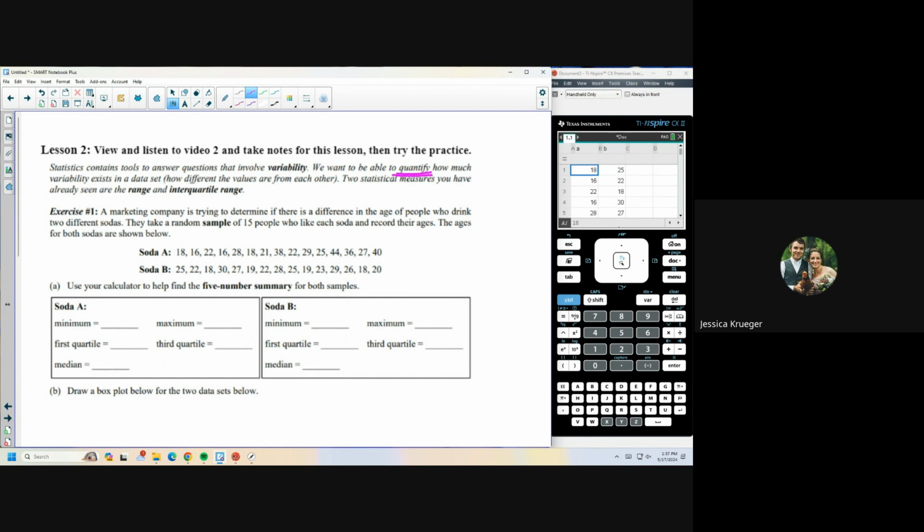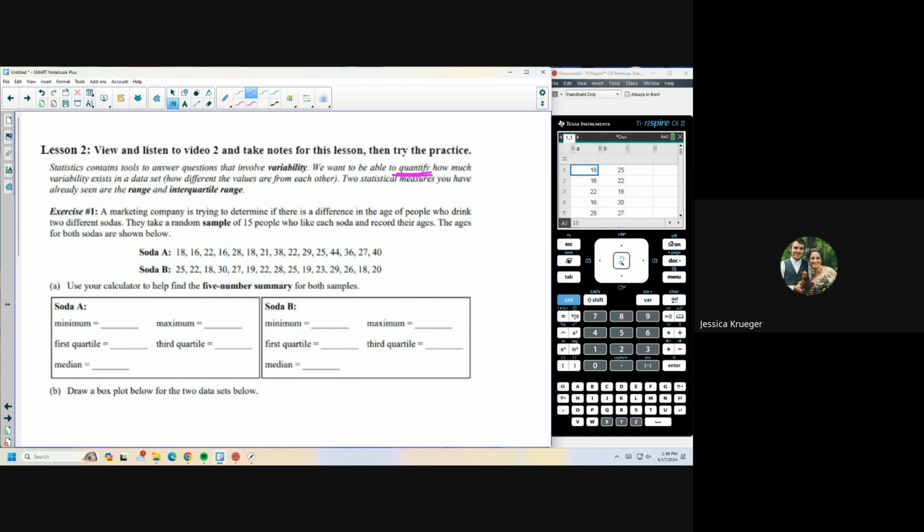This means we want to be able to give a number, a measure of that variability. We want to quantify how much variability exists in a data set. How different are the values from each other? Two statistical measures that we've already seen are range and interquartile range. We're going to take a look at standard deviation.